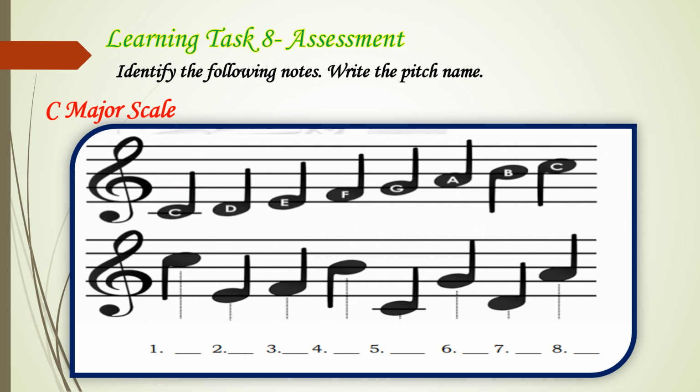And the answers are number 1, C, number 2, E, number 3, F, number 4, B, number 5, C, number 6, G, number 7, D, number 8, A. Great discovery!